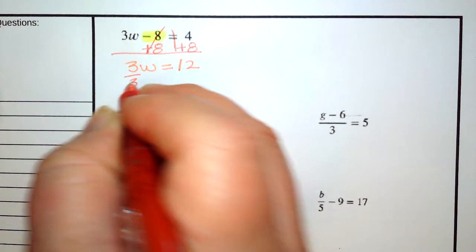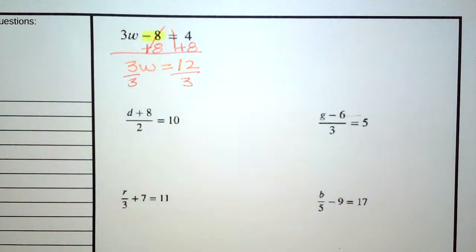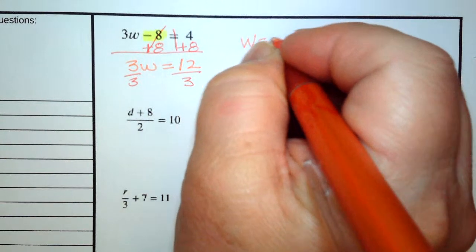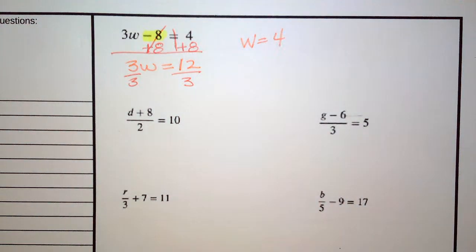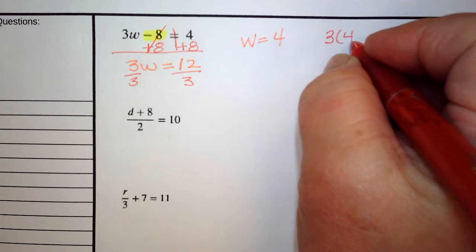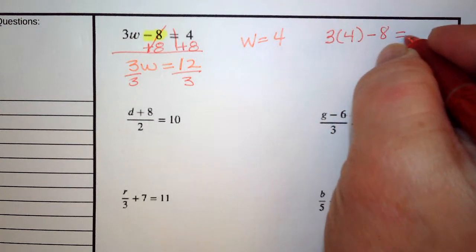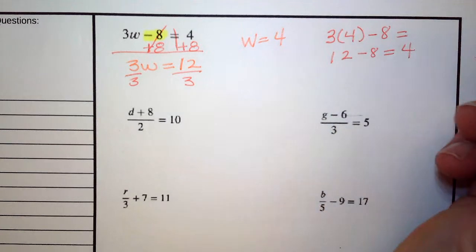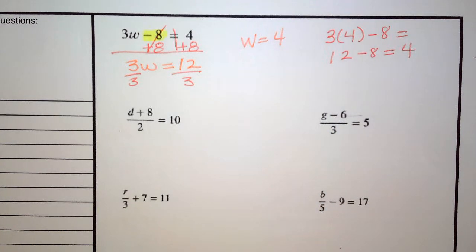Divide both sides by 3. 3 is the coefficient of w, and w is equal to 4. How do I check? 3 times 4 minus 8 equals 12 minus 8, which is equal to 4, and we're done. Okay, look at the next problem and read it to yourself.